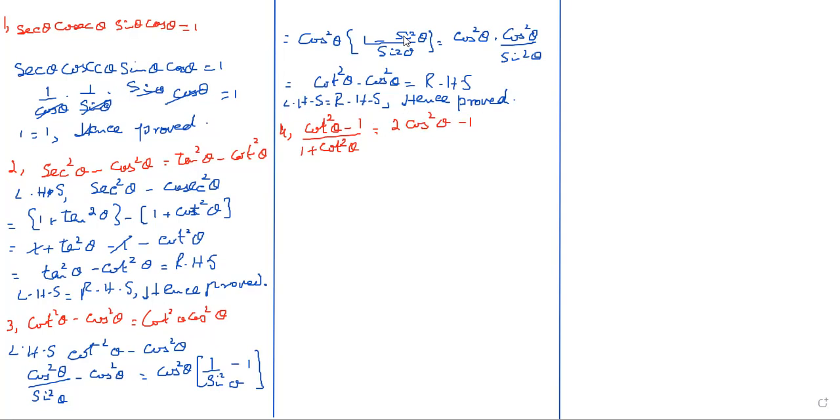Right, again, we'll take left hand side first. Which is equals to cotangent square theta minus 1 over 1 plus cotangent square theta. Right, so we know that cotangent theta is cosine over sine theta.